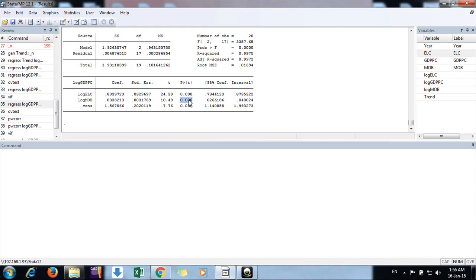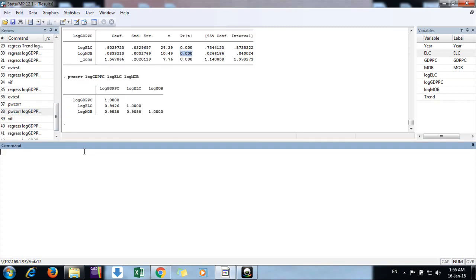The second thing is the correlation table. So how to do that? We can do a correlation table as well. If the correlation is more than 0.8, and here between the independent variables electricity and mobile it is 90%, then there are chances there could be multicollinearity.